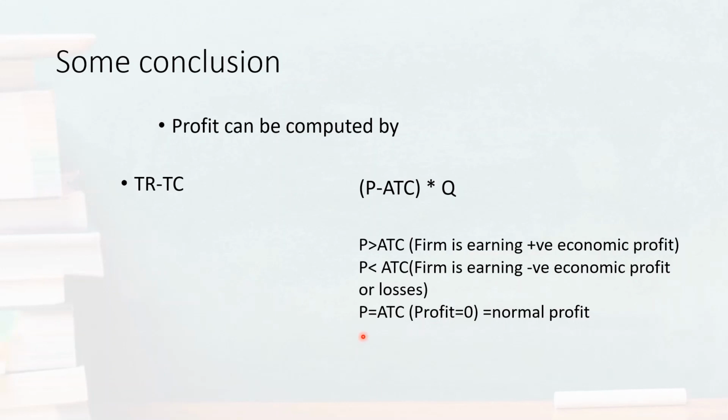If the price is exactly equal to the average total cost, then the firm is earning zero economic profit, or normal profit, or we can say that the firm is working at its break-even point where total cost is equal to total revenue.